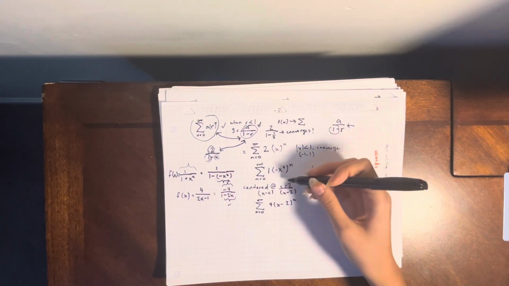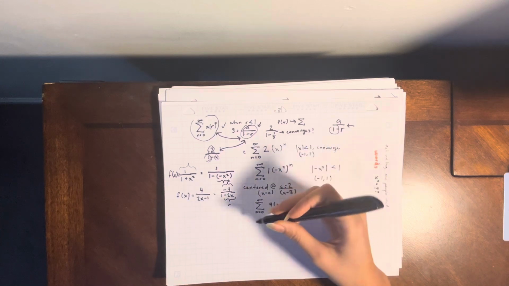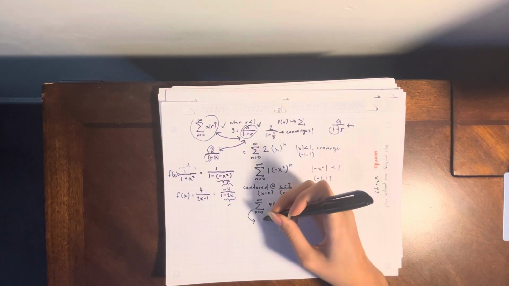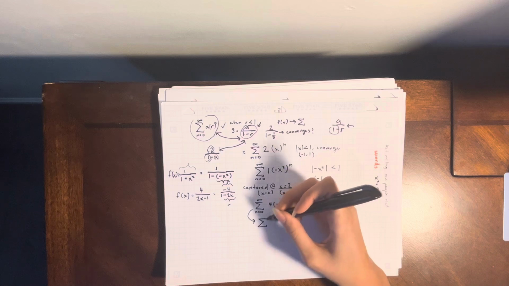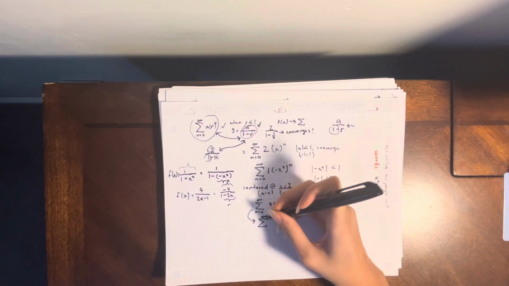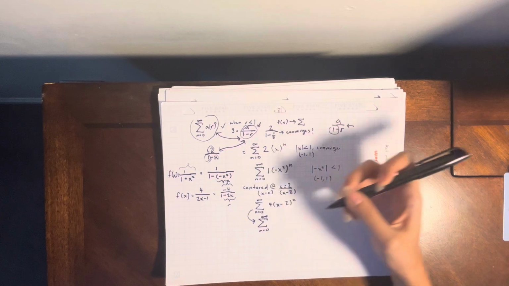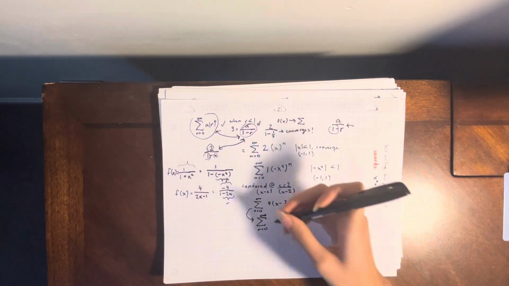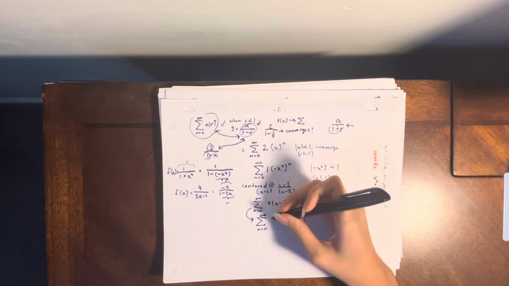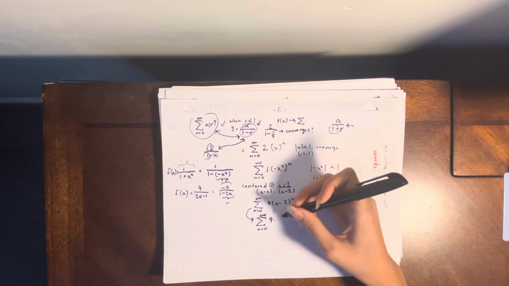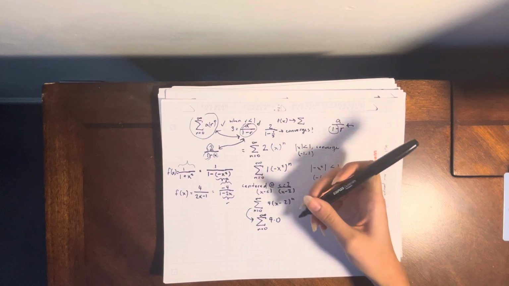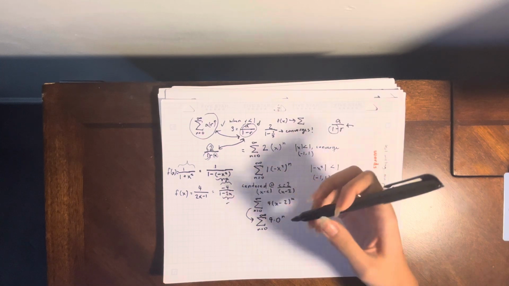So let me rewrite this. We said c is equal to 2, so let's rewrite this equation at the center. If we're rewriting at the center, then we're going to have 4 times 0 to the power of n.